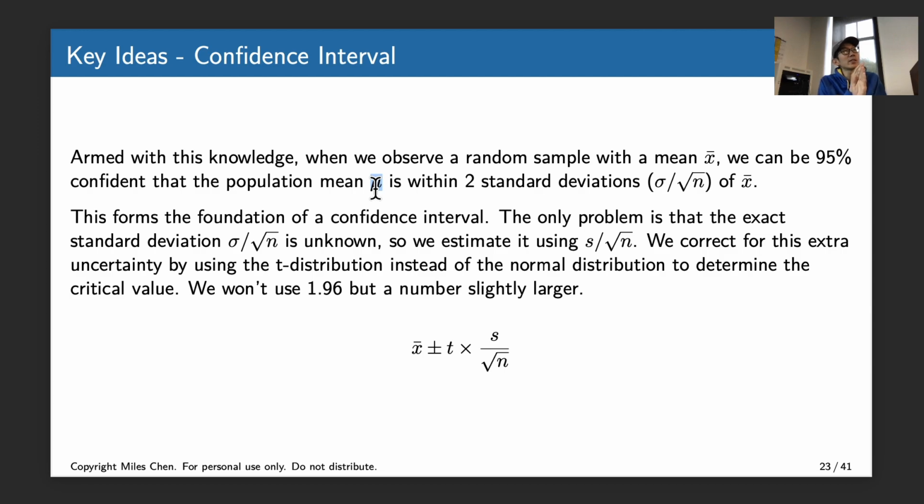We don't know what that exact value is, so we can't say yes or no, but we can say I'm 95% confident that it's within the upper and lower bounds of my interval. But it's not correct to say there's a 95% probability because there's no uncertainty about mu. It's either in this interval or it's not, okay? At least that's how it works for frequentist statistics.